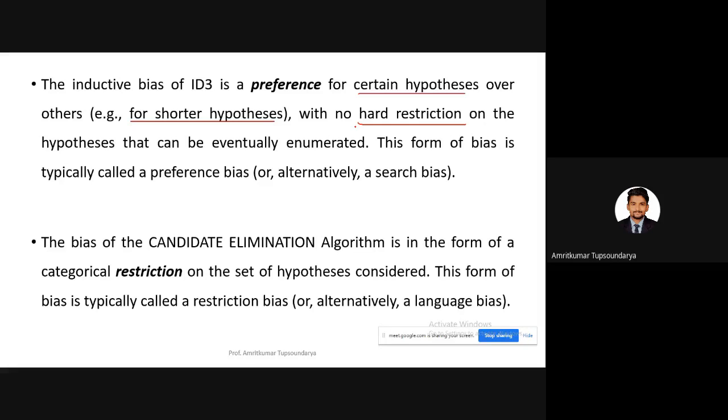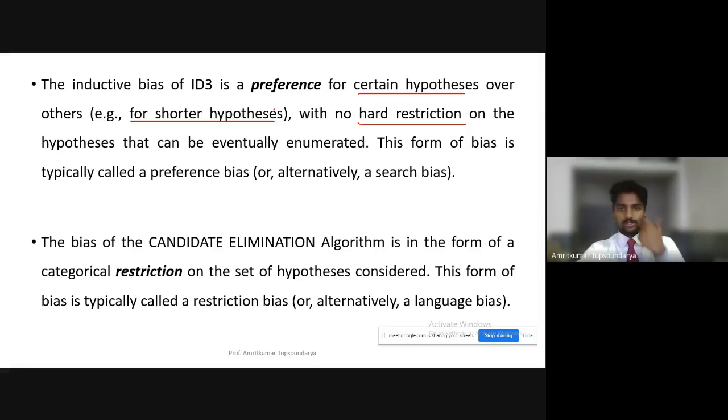Having restrictions or constraints on the values of the different attributes in that problem is the kind of restriction we are trying to put here. But exactly opposite to it, preferences, as used by the ID3 algorithm, are preferences for shorter hypotheses with no hard restrictions, which means no constraints on the hypotheses that can eventually be enumerated.